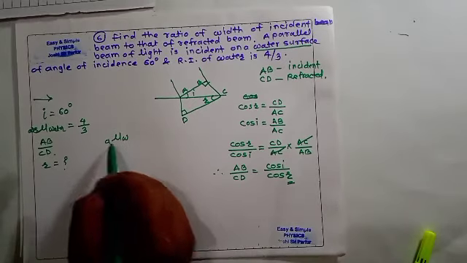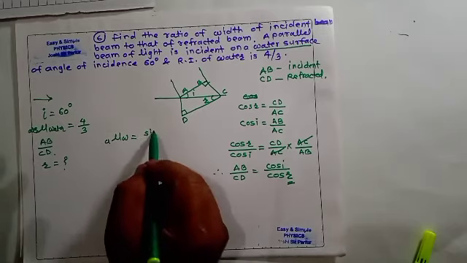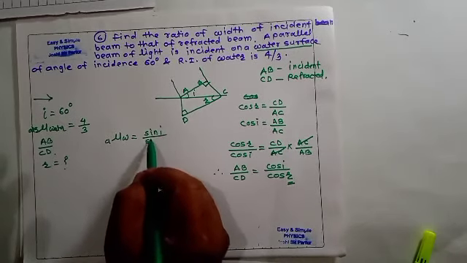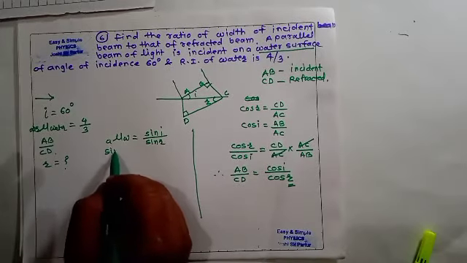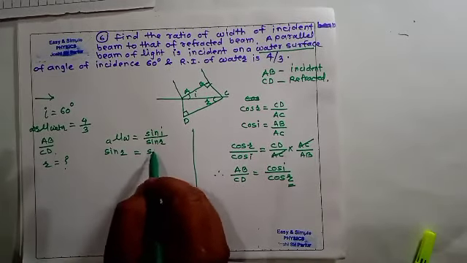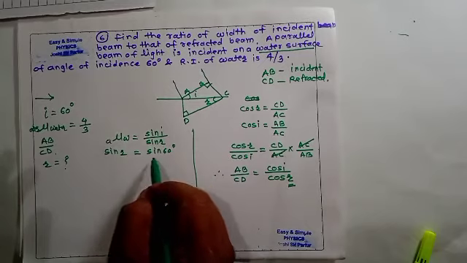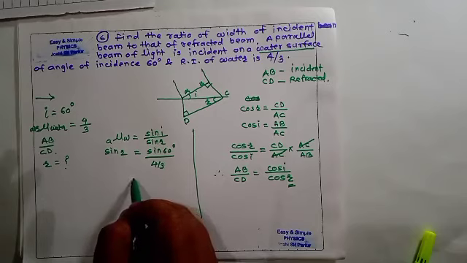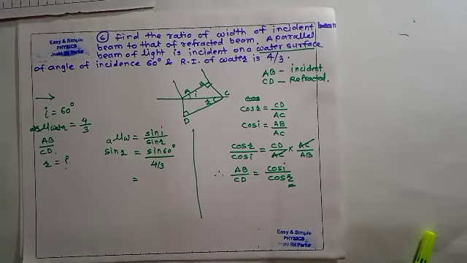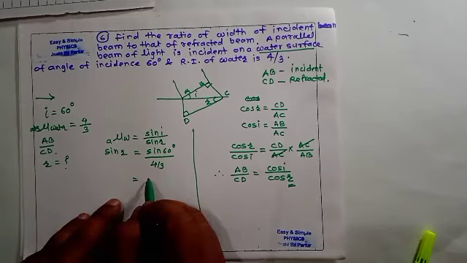Refractive index of water with respect to air is equal to sine of I upon sine of R. So sine of R is equal to sine of 60 degree divided by 4 upon 3. Sine 60 will be square root of 3 upon 2.